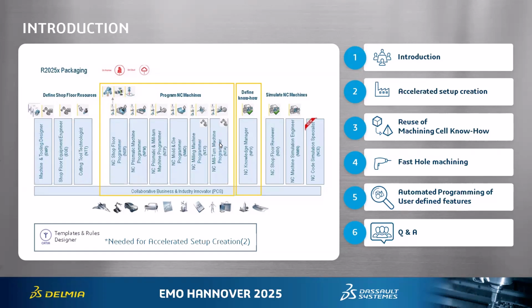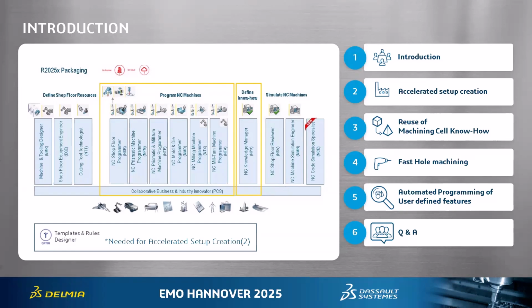Those are all the programming roles to create the NC code and the NC process. And to create the machining cell know-how, you need the NC knowledge manager. For the first step, the accelerated setup creation, you need the templates and rules designer as well.